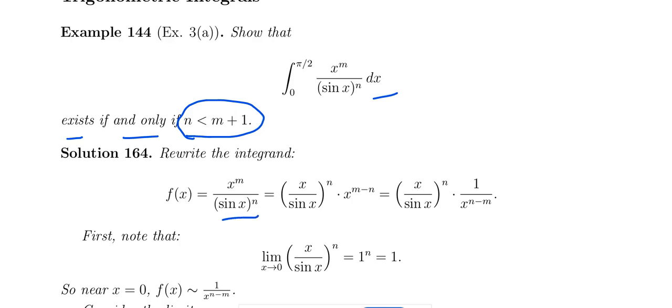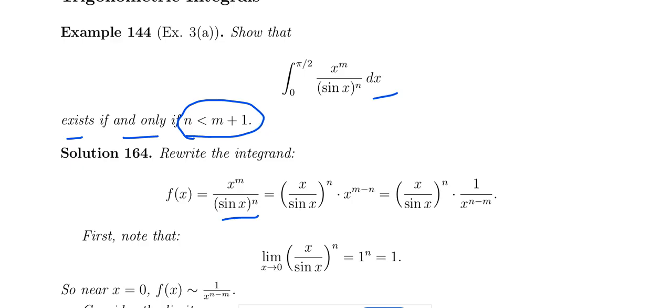So the f of x equal to x power m minus n into x by sin x whole power n, that is x by sin x whole power n by x power n minus m, because of that n minus m is less than 1 and the condition நம்ம check பண்ணணும்.